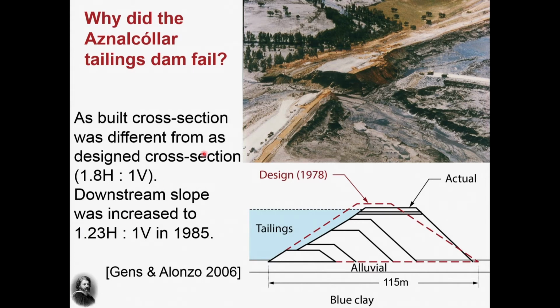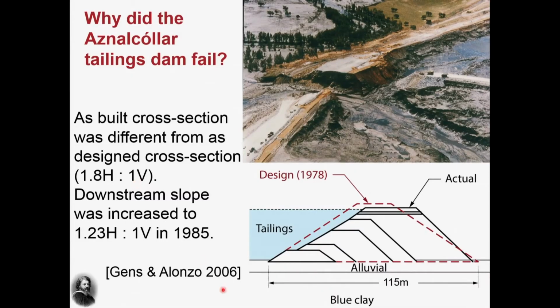The as-built construction cross-section was different from the design cross-section. The design cross-section was 1.8 horizontal to 1 vertical. Again, that's a bit steep. Usually we like to have 2 in 1 at least, but 3 in 1 is even better. But the downstream slope was increased to 1.23 horizontal to 1 vertical in 1985, and that was not checked, not controlled, not changed.